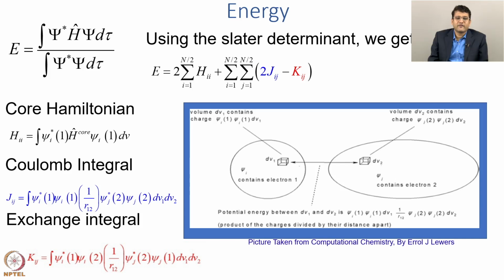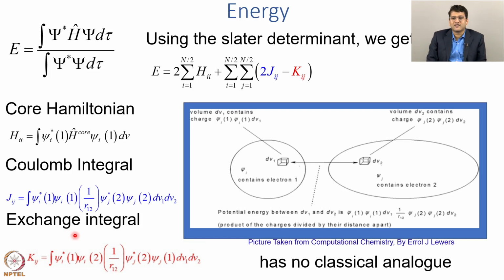So, my left hand side has electron 1 and 2, and the right hand side also has electron 1 and 2. And this is confusing. How can I define a density where one electron coordinate is 1 and the other electron coordinate is 2? Actually we cannot, because the exchange integral has no classical analog. This arises due to the antisymmetry of the wave function. So, exchange is essentially a quantum mechanical phenomenon which does not have any classical analog.